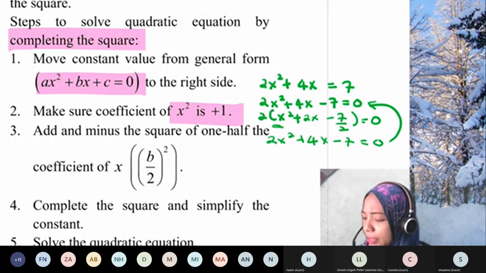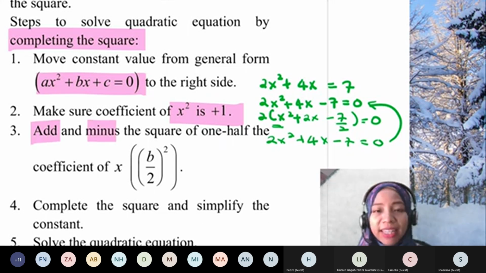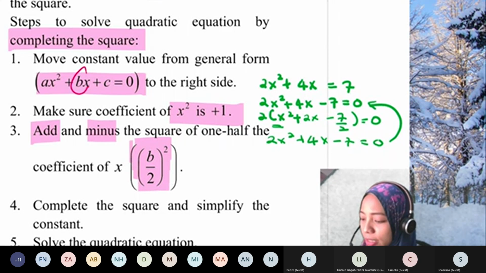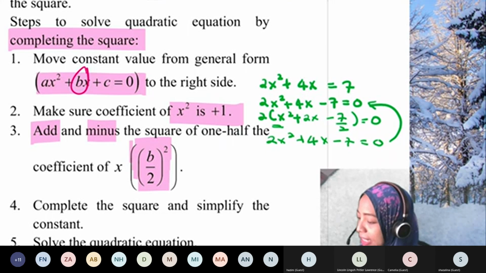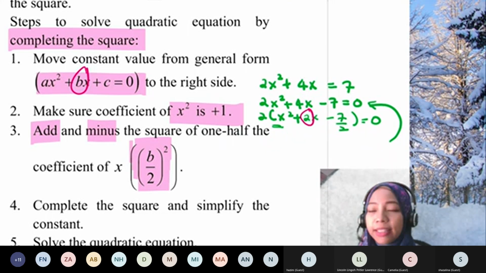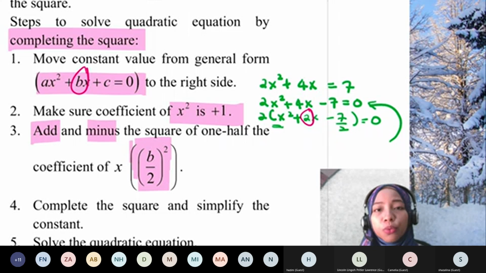Okay, kemudian dia kata apa? Add and minus square of 1/2 of the coefficient. You tambah, you tolak balik. B over 2 square. You tahu B tu apa? B tu adalah the coefficient of x. In our case, our B is 2. Okay?